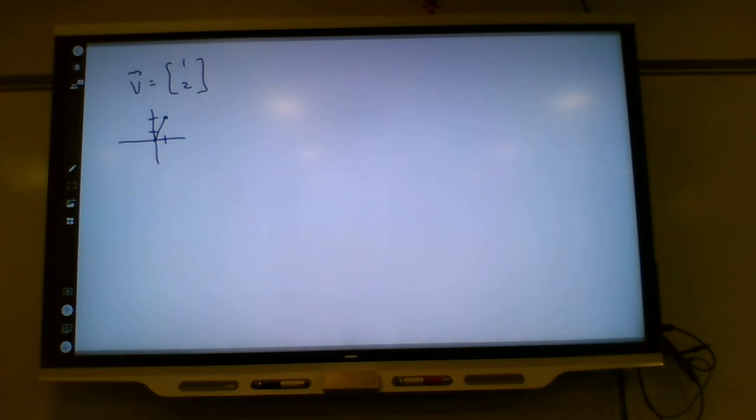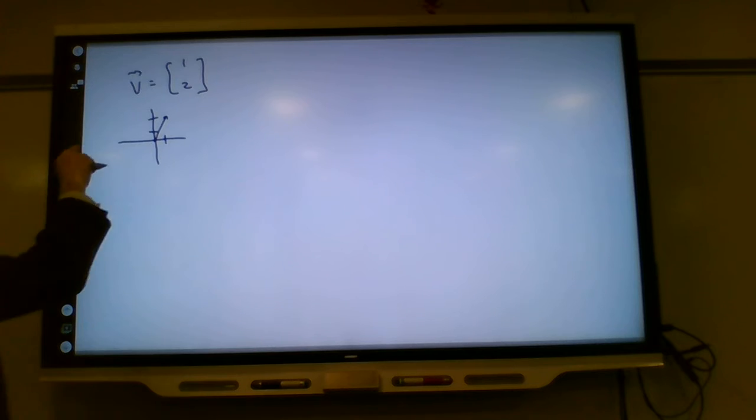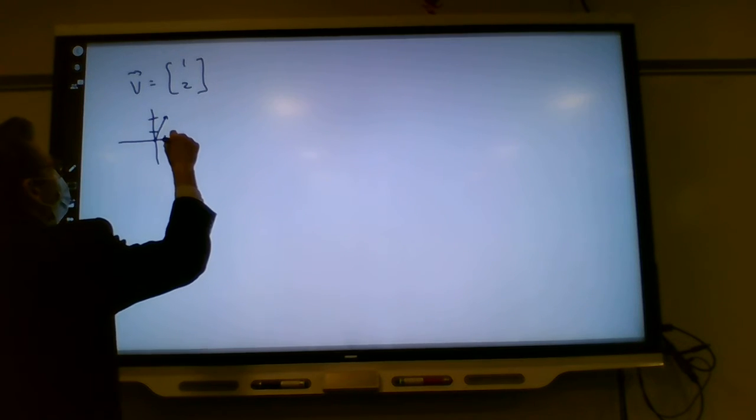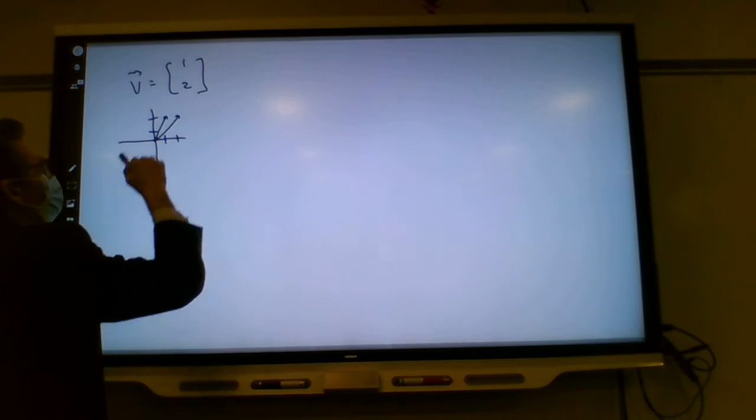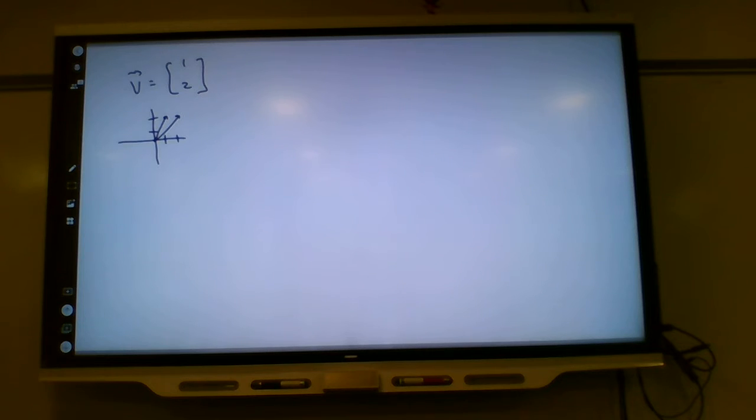Now let's say I want to double the x value of my vector. So I want to transform this vector into this vector for some reason. I want to double the x value. What can I do?